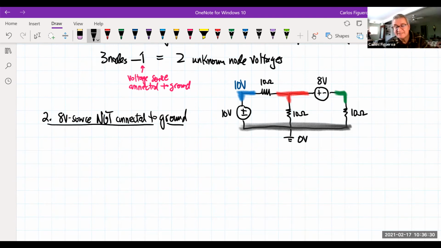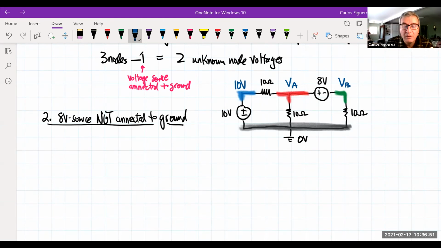So what does this guy do here? This voltage source not connected to ground, and the way I'm going to do this is that I'm going to put some labels on this. So I'm going to call this node A, and I'm going to call that node B here.